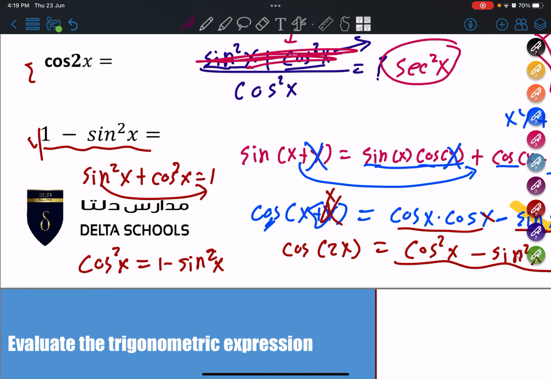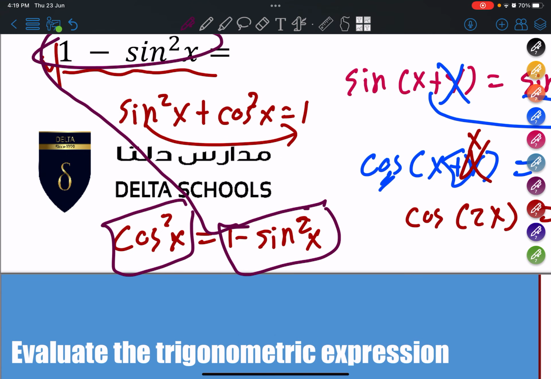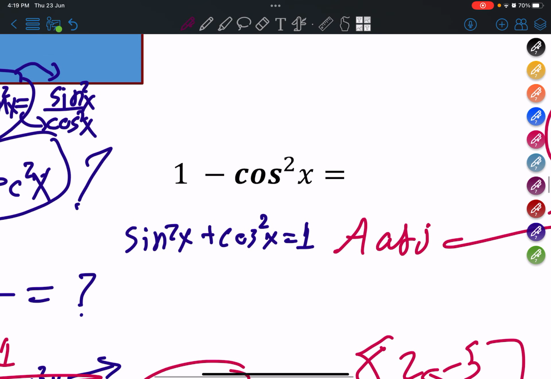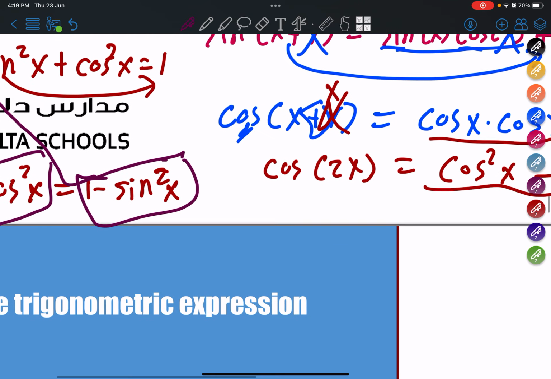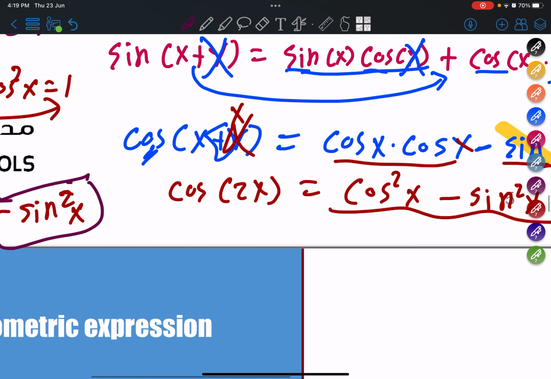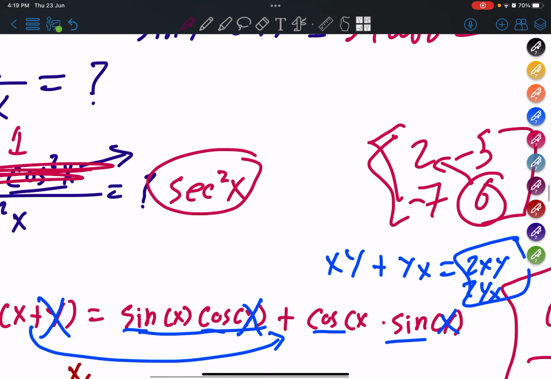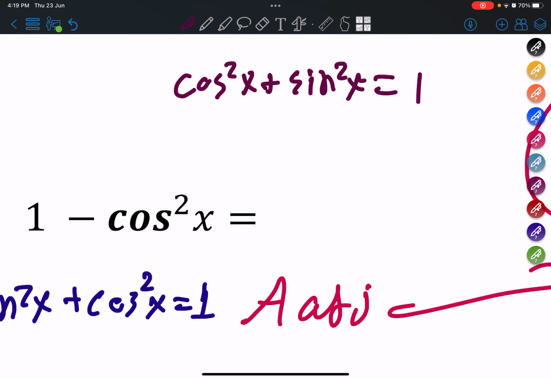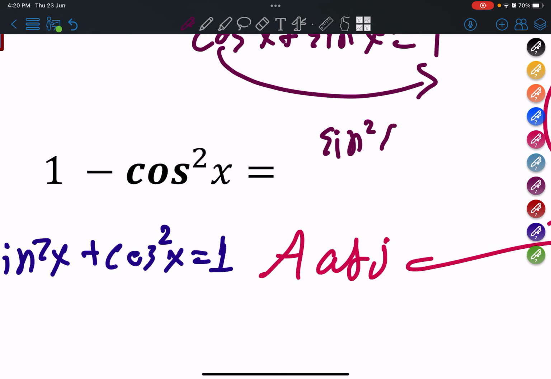So these two values are the same thing, and they equal cosine squared x. Finally, here is the same thing. We wrote again cosine squared x plus sine squared x is going to equal 1. This time we put cosine to the other side, so sine squared x is going to equal this. So this is the answer.